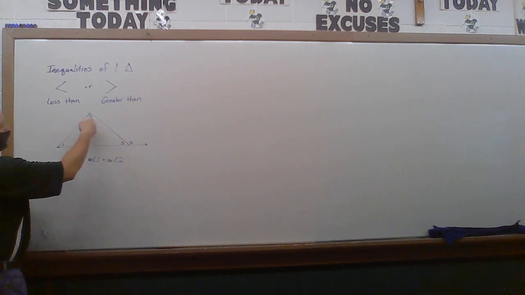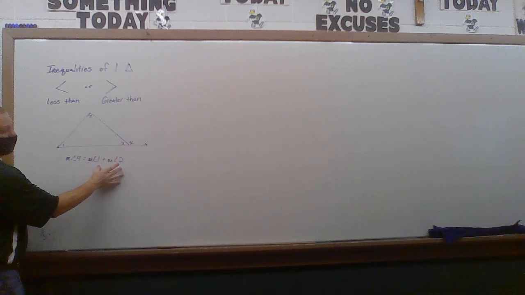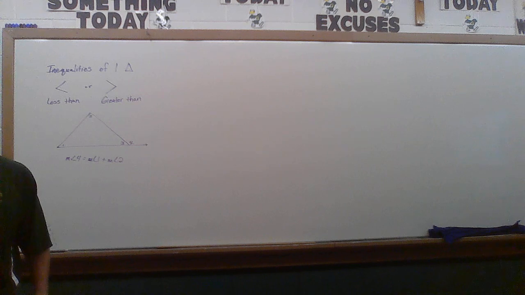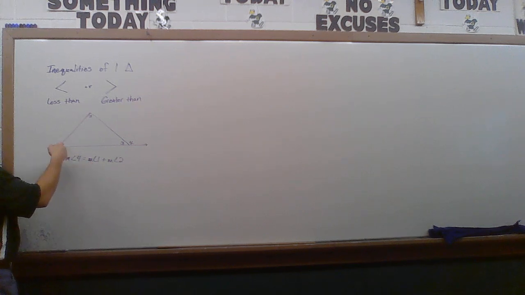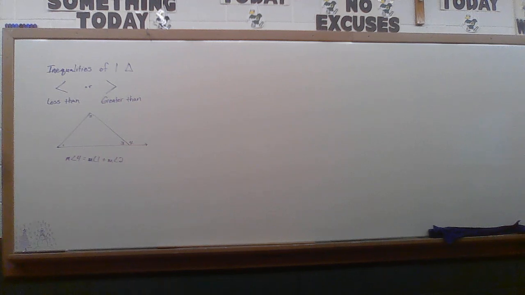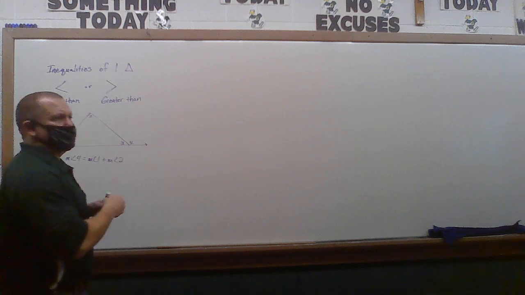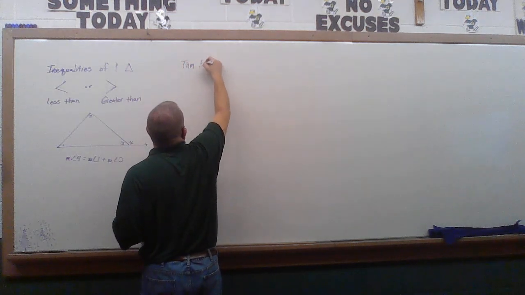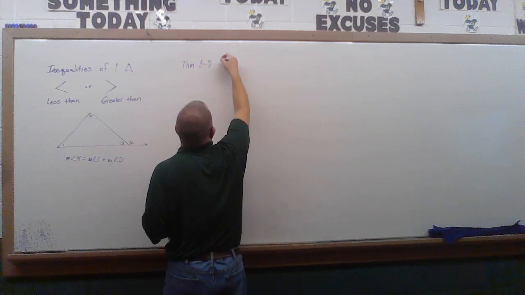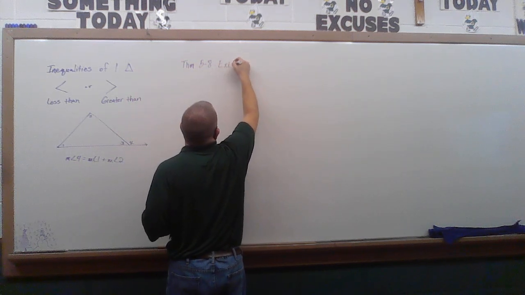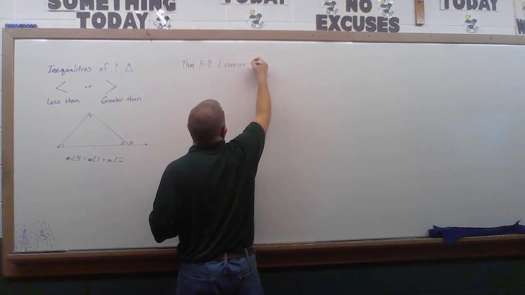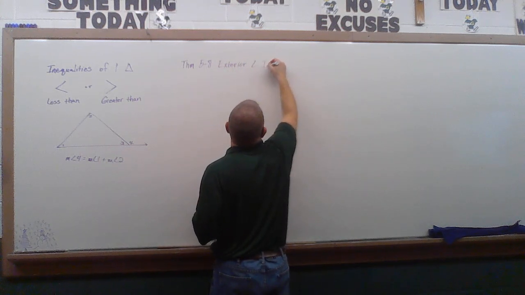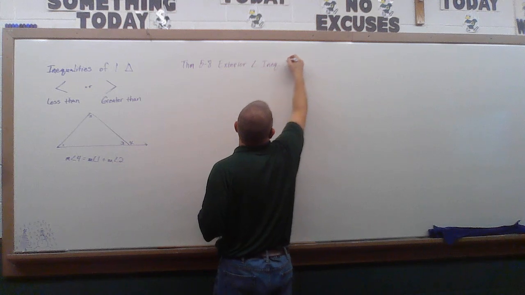Greater than, right? There's no way that angle 1 can be bigger than angle 4 and have this be true. And this is, by definition, what an exterior angle is. So that's what we're going to talk about today. Theorem 5.8, which is the exterior angle inequality theorem.